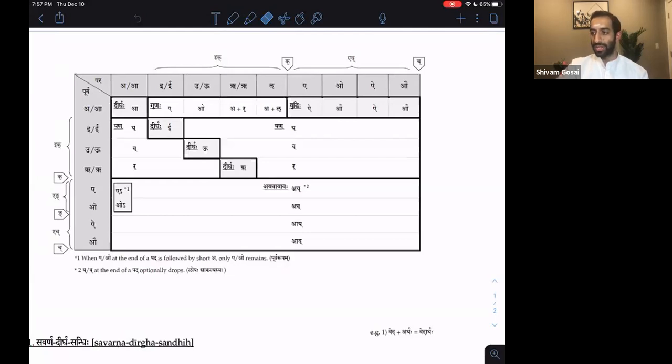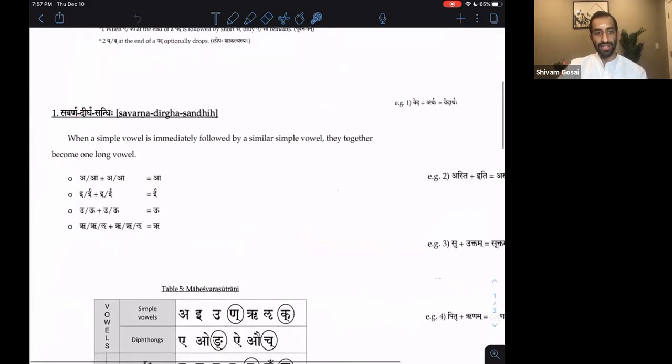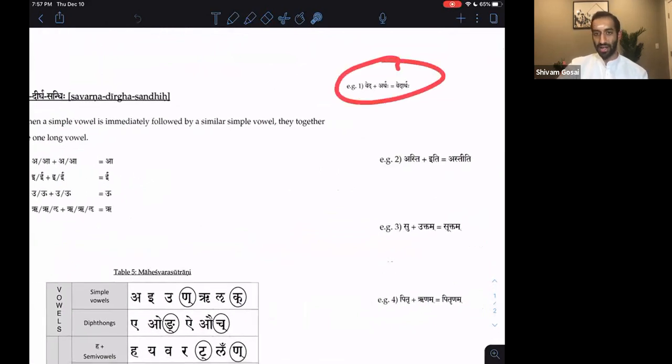The first one we can look at is savarna dirgha sandhi. Remember that savarna dirgha sandhi is when we have a simple vowel immediately followed by another similar simple vowel, and they become one long vowel. Veda plus arthaha, vedarthaha.